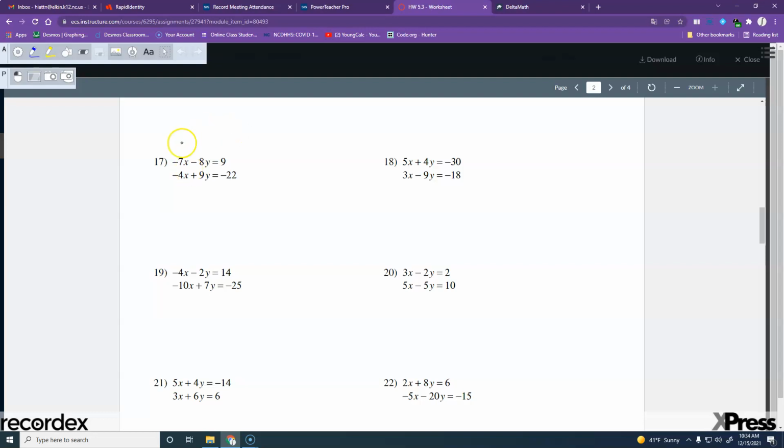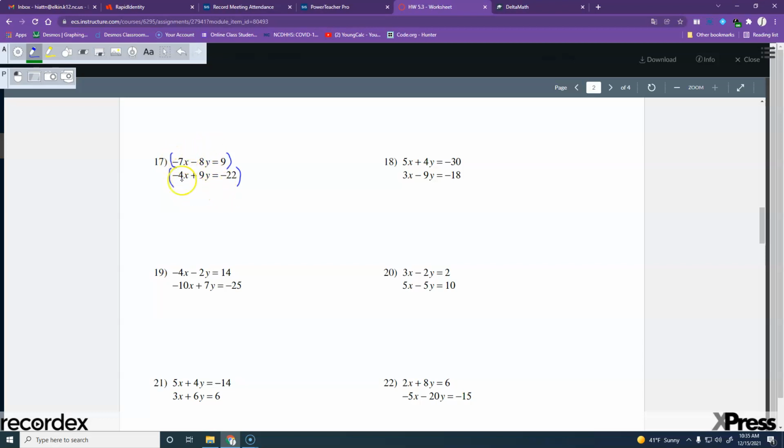So whenever we have problems like this, we're going to have to multiply both equations. And so the easiest thing to do is just multiply by the opposite number. Except in this case, we want to choose which one we want to get rid of, either the x's or the y's.